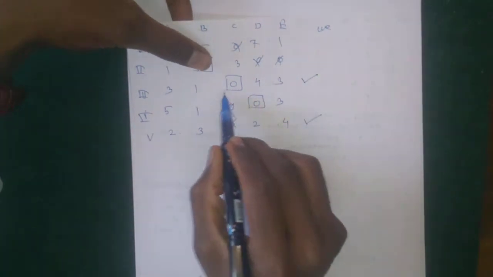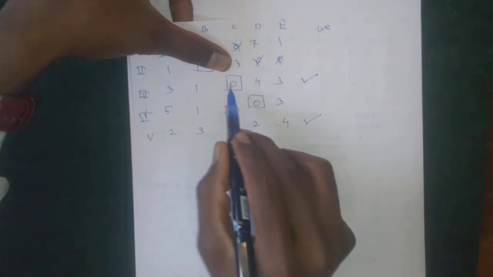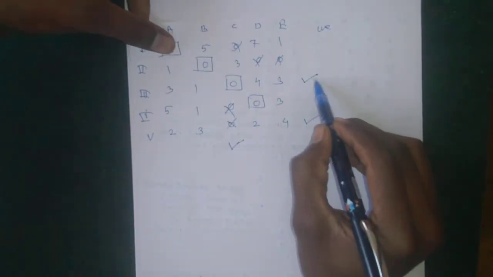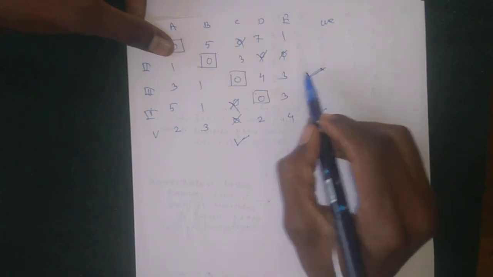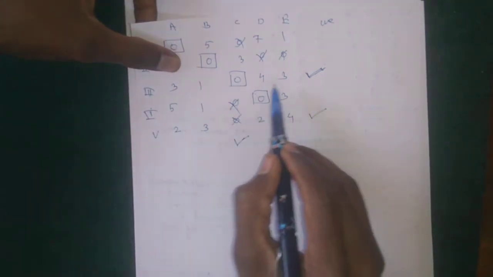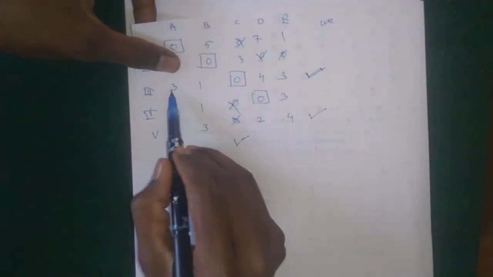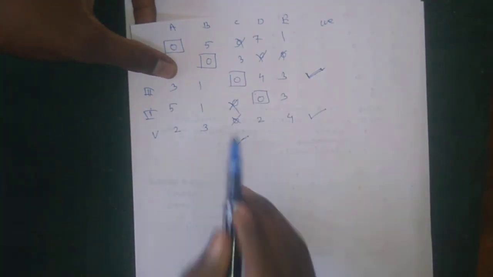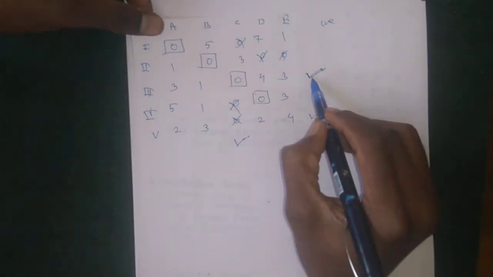Here, the third row contains an assignment, so tick that row. Then select a row which contains a zero, but here no other zero is present in the respective row, therefore there is no need to tick any column. So we stop this process.